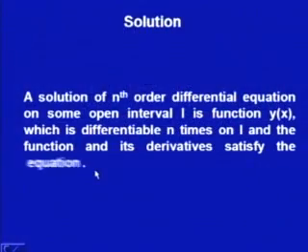A solution of an nth order differential equation on some open interval I is a function y x which is differentiable n times on I, and the function and its derivatives satisfy the equation. That fulfills the condition of a solution. I require that this function would be a solution only if it is n times differentiable. That is the difference from the definitions we have done earlier.